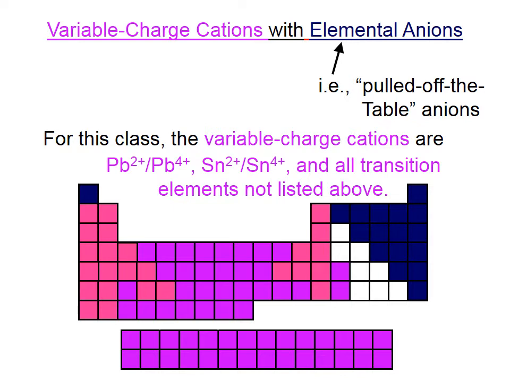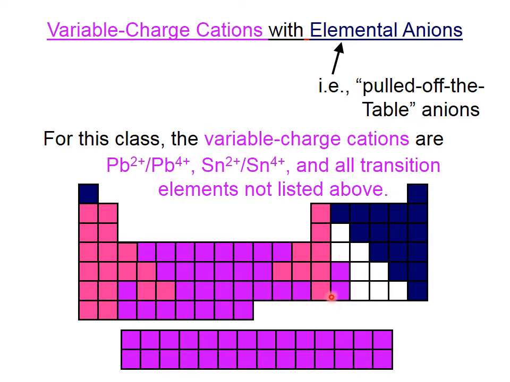The variable charge cations, sometimes they lose 1 electron, sometimes they might lose 2 electrons, or a different variable charge cation might lose 2 electrons sometimes, or maybe 4 electrons sometimes. So, the variable charge cations are going to be lead and tin, which are the two right here.